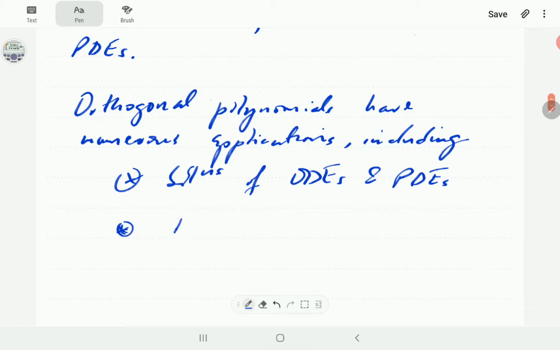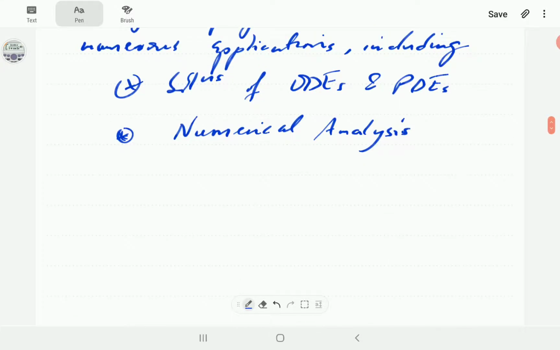These polynomials are also used in numerical analysis. So this is basically in the solving of ODEs and PDEs numerically. They are typically used there to represent functions.